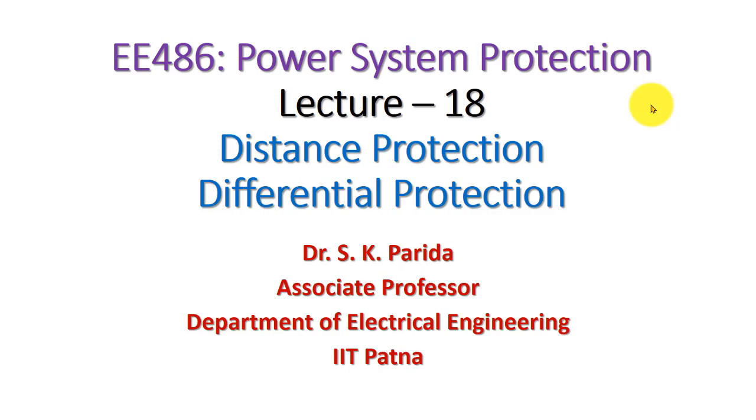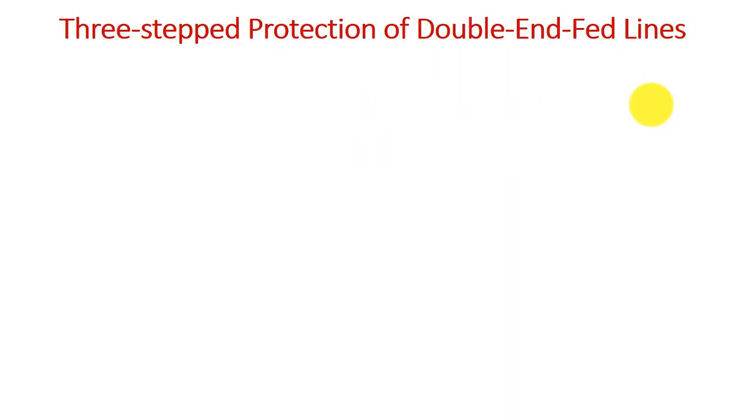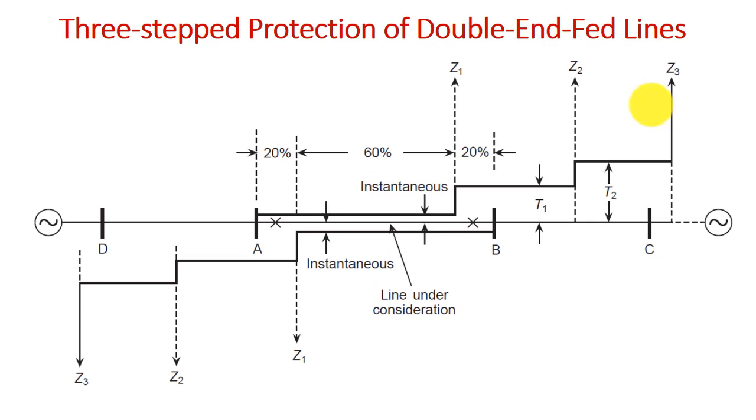So when the fault occurs within that 60% of the line, like we can see here in this picture, the three-step protection scheme, we can see here that this is a double end fed line. On both sides we have sources, and our main objective here is to protect this line AB.